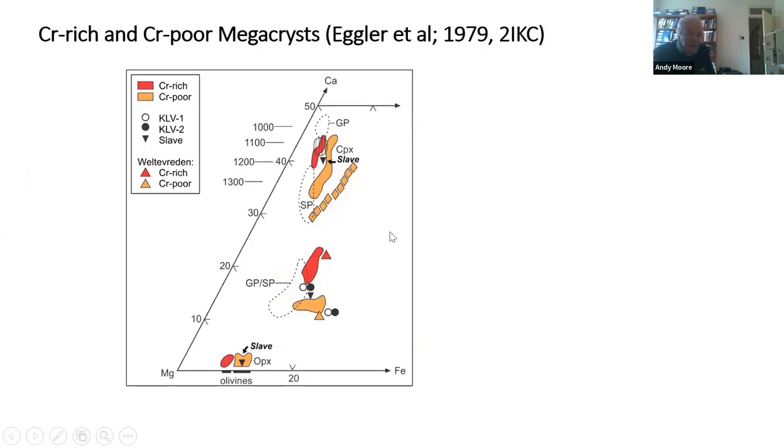Then the megacrysts have been divided into two populations, which are often regarded as separate populations. These are the clinopyroxenes, the garnets, and the orthopyroxenes, olivine down here. And the red population is chrome-rich, and the orange population chrome-poor. So the megacrysts are divided into chrome-rich and chrome-poor subpopulations, although these seem to be present in the majority of kimberlites.